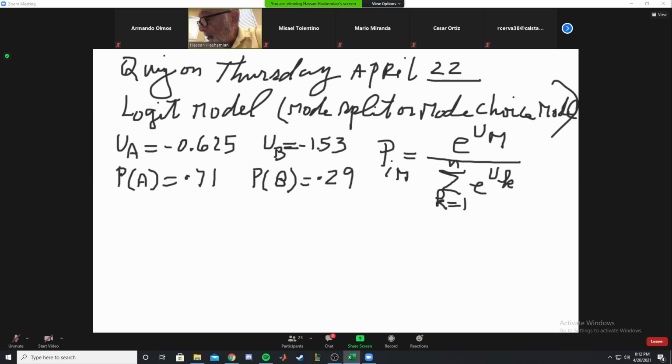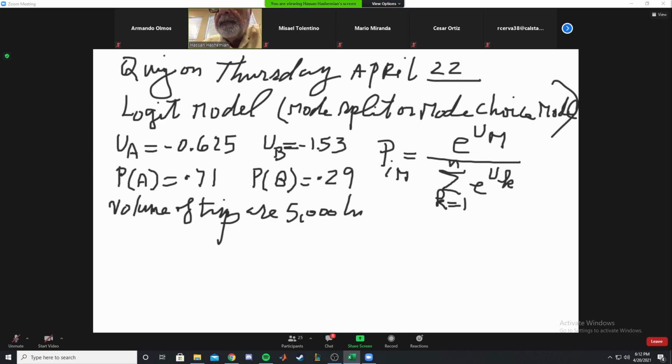Now, if I tell you that the volume of the trips is 5,000 trips, how many are going with the auto? How many going with the bus? So we just say 5,000 trips, 71% going by auto, so that's 0.71.